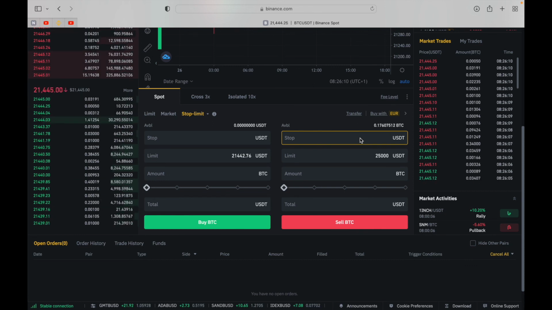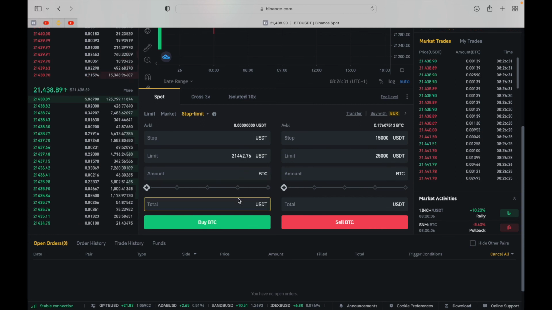Maybe when it gets to, let me say, 15,000, more like a buying option. So this is an inverse of what is happening here. Buy and sell. Here, buying with USDT, selling BTC back to USDT. So just a buy and sell option.